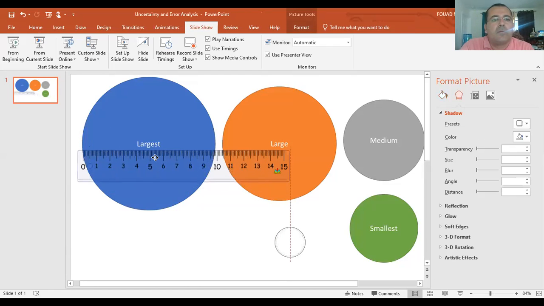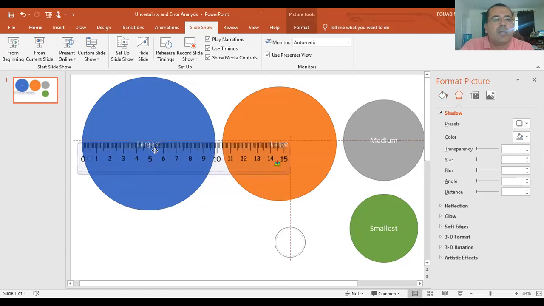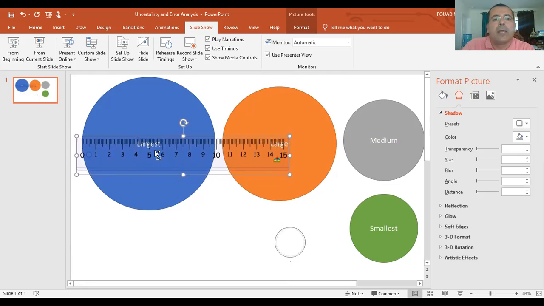I will take the ruler and I will start with the largest one. And by the way, if you see the ruler jumping, if you hit control and use the arrow on the screen, you can move it more accurately. I see, by the way, now if I am in the middle, it looks like my diameter is 9.9. So let me switch with you.